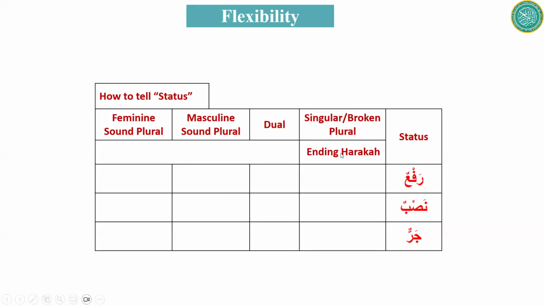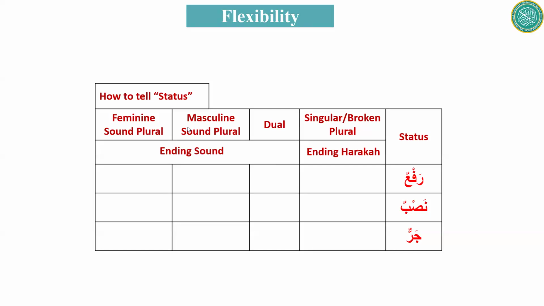Ending haraka. And for dual, masculine sound plurals and feminine sound plurals, I mean both types of sound plurals, how do we establish the status? That is by ending sound. Okay.